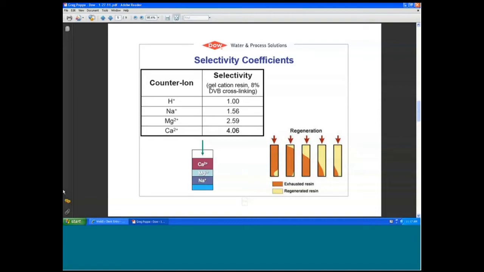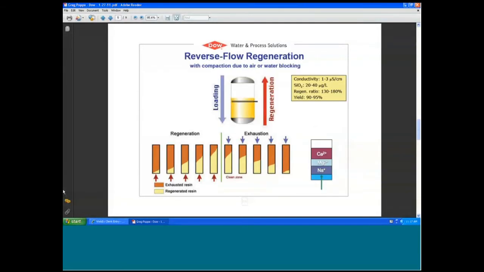If we go to the next slide, we see how reverse flow regeneration can be a very nice step forward in helping to reduce the chemical costs. So in reverse flow regeneration, we still have loading or service in the downward direction, but now regeneration occurs in the opposite direction, from bottom of the vessel to the top of the vessel.